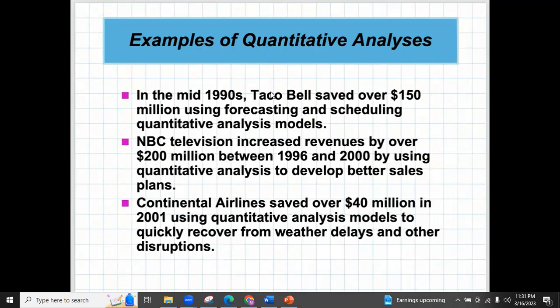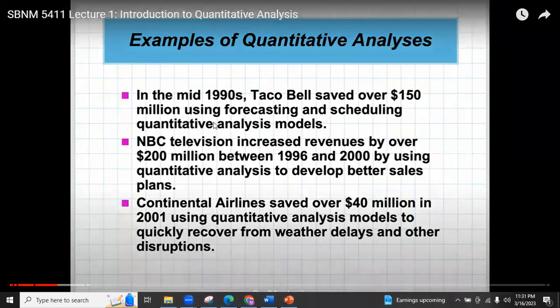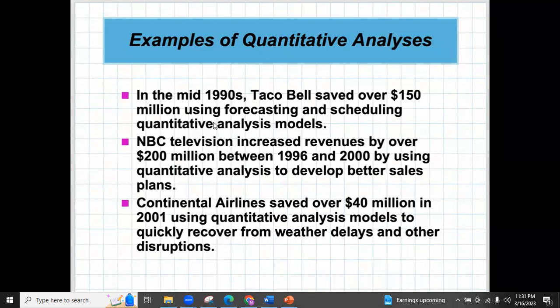In the airline industry, Continental saved $40 million in 2001 using quantitative analysis models to quickly recover from weather delays and disruptions. This is a model that we'll talk about when we do linear programming. When there's a weather condition in a major city, it delays flights all over the country.